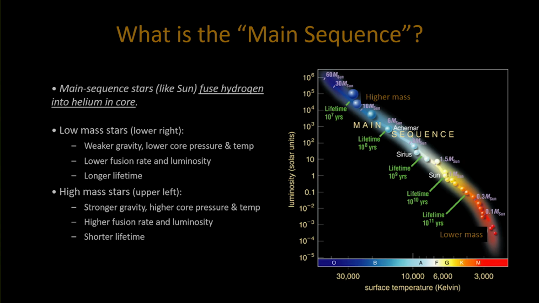In contrast, our high mass stars to the upper left, stronger gravity means they're going to have a higher core temperature, higher fusion rate, and they're going to pour out a lot more energy, higher luminosity. Because of that, they're going to live a shorter amount of time. So again, at a glance, as you get more familiar with these diagrams, astronomers can quickly read off essentially what the star's properties are without so many calculations. Okay? Main sequence stars.